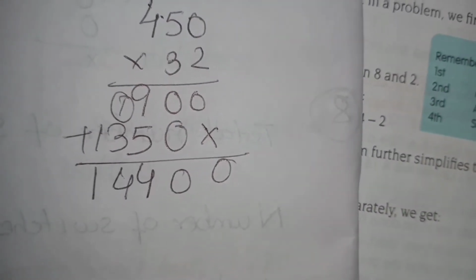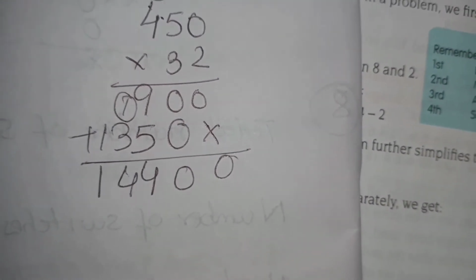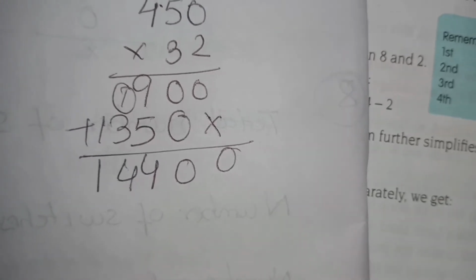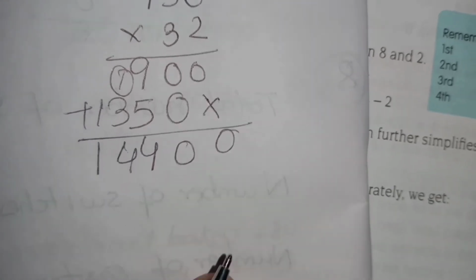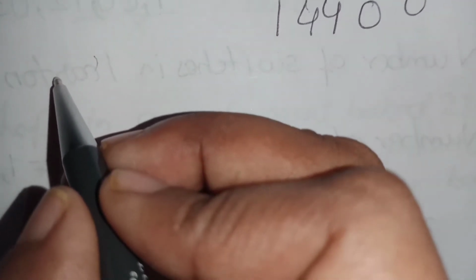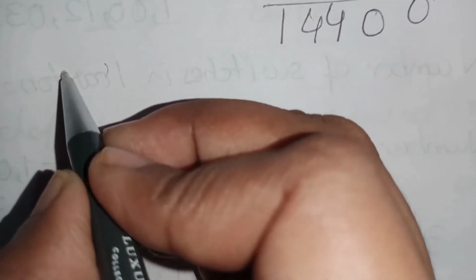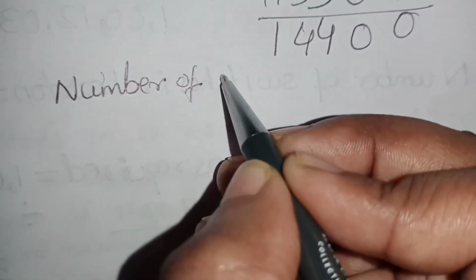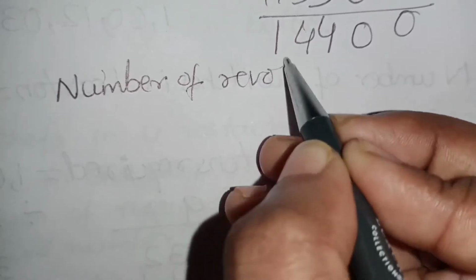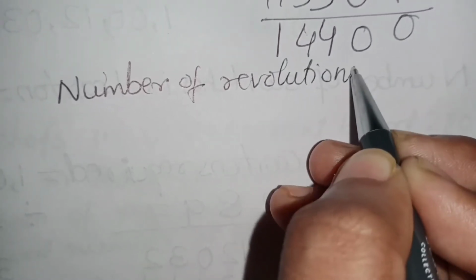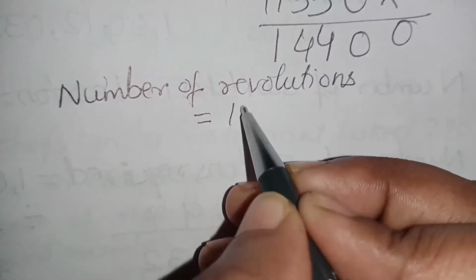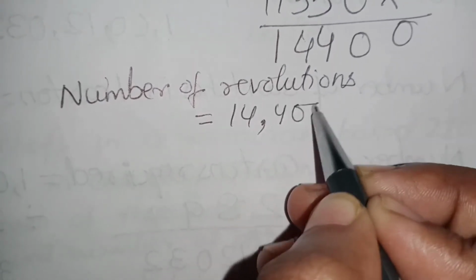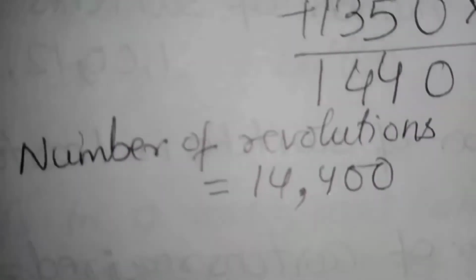So the number of revolutions to cover 32 kilometers is 14,400. So this is the answer.